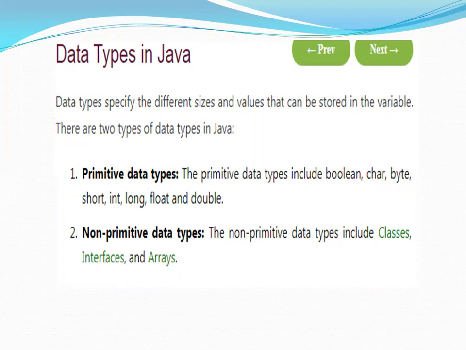There are 2 data types: one is primitive data type, another is non-primitive data type. You are clear? Primitive data type means directly we define our variable with boolean, character, byte, short, int, long, float, and double.